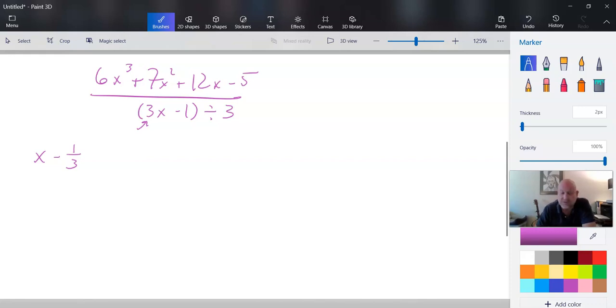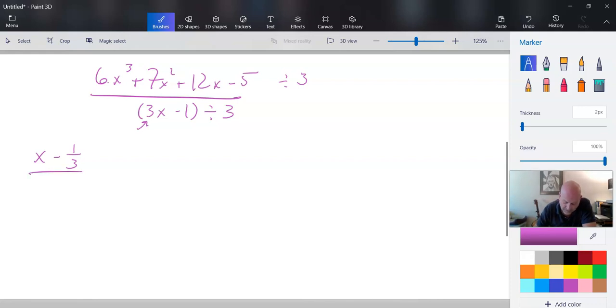Now, you can't just divide the denominator of a polynomial without dividing the numerator as well, right? But we're going to save that for the very, very end, because the whole point of this is to be able to do the division first. So this is now this whole 6x cubed plus 7x squared plus 12x minus 5.